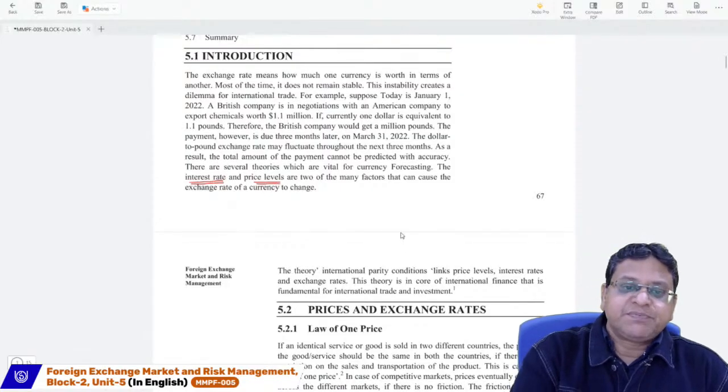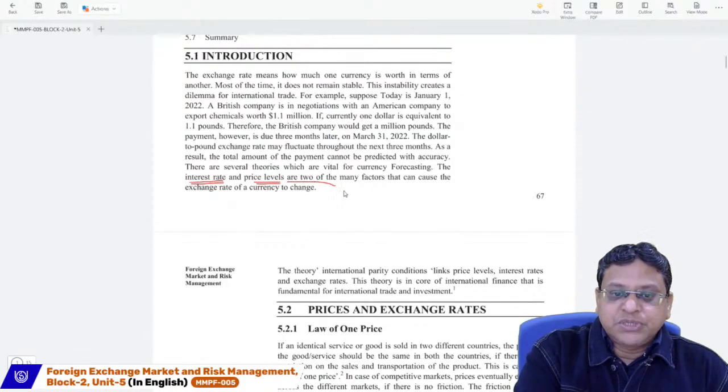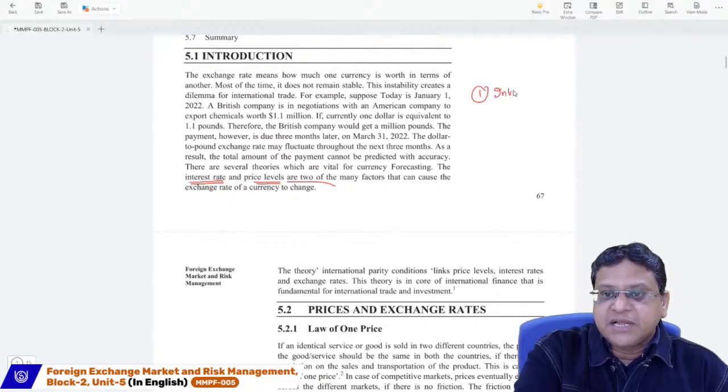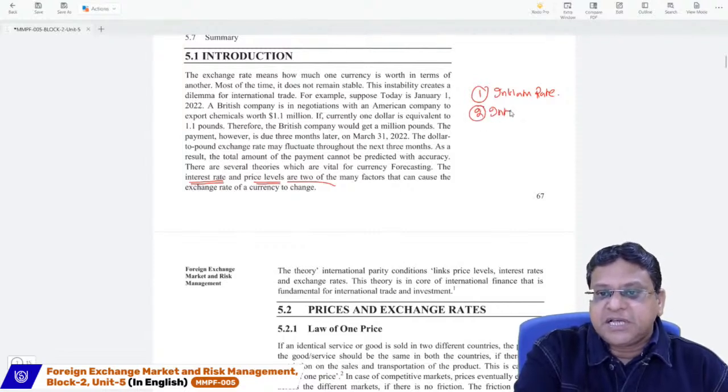Price level changes means inflation. So one is inflation rate, another is interest rate. These are the factors affecting exchange rate.